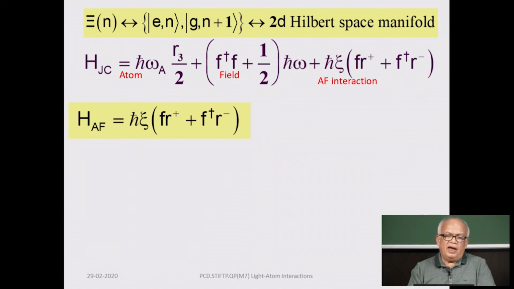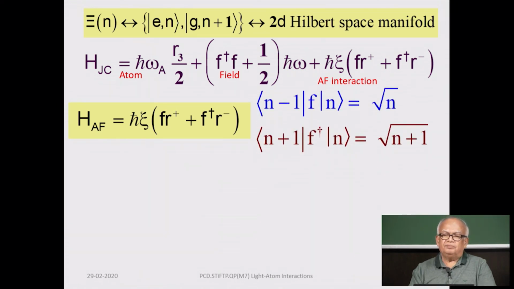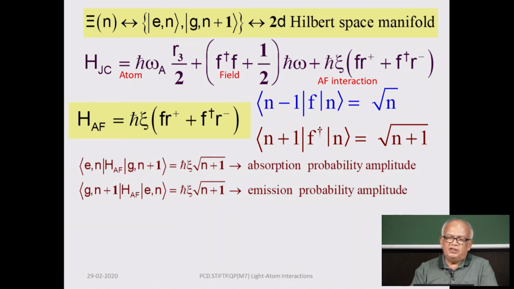So, this is your atom field interaction term. We know the matrix elements of the creation and destruction operators. So, you can find the matrix element of the interaction Hamiltonian between the occupation number states.